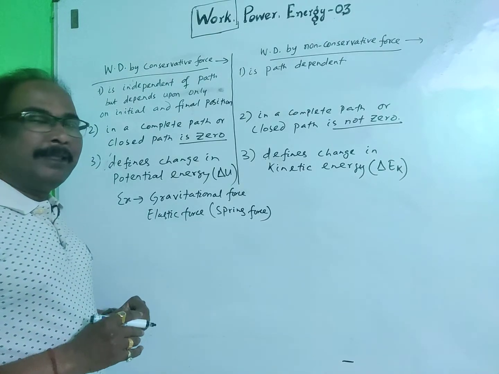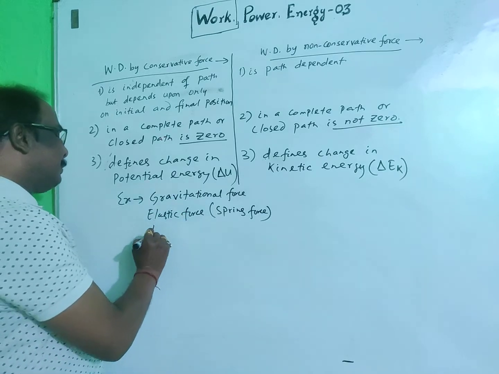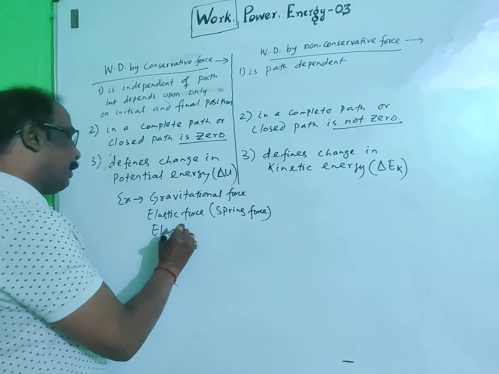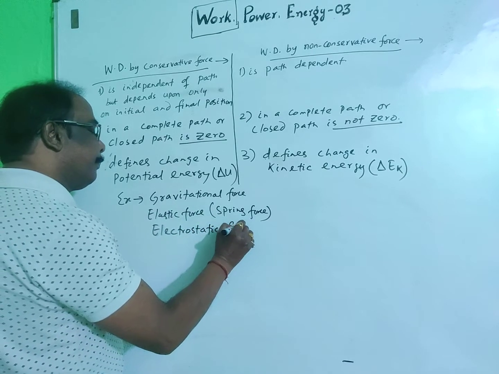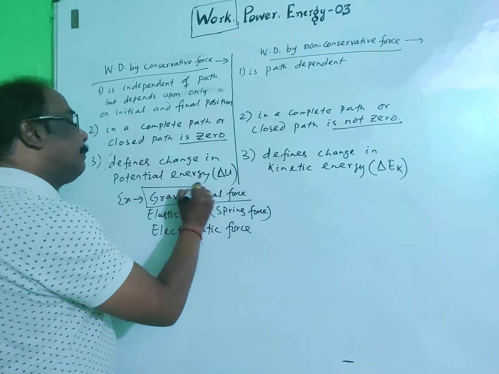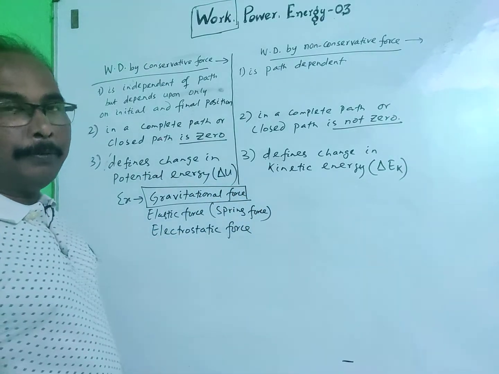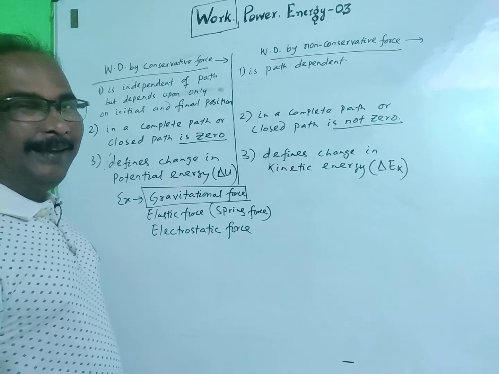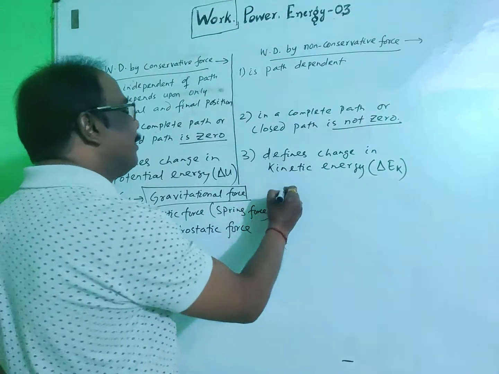That's also a conservative force. And finally, in 12th physics, you will go through electrostatic force. We'll take examples of conservative force in today's class, taking gravitational force. Work done by gravitational force. Gravitational force is a conservative force.